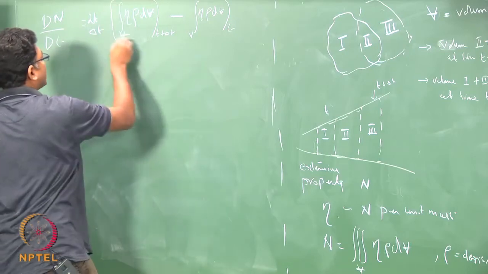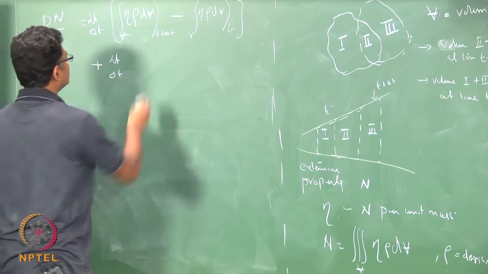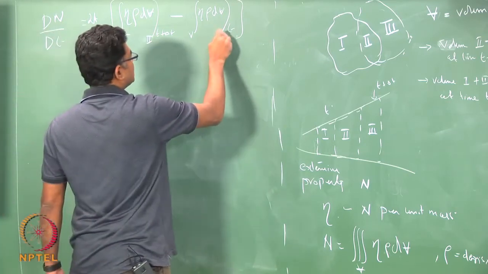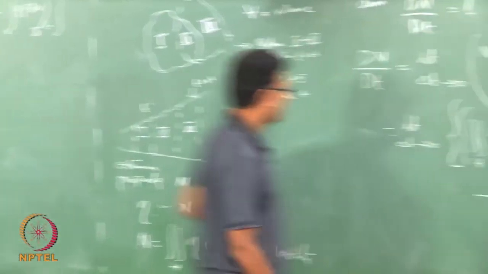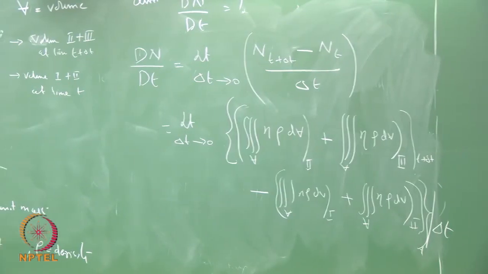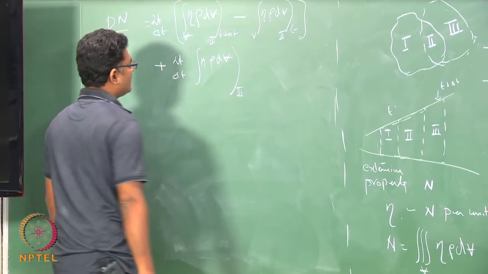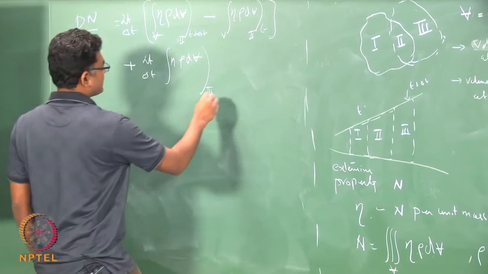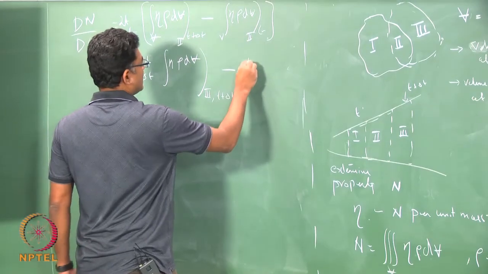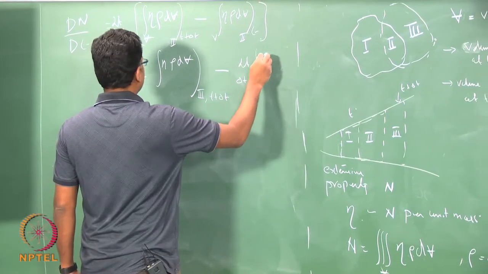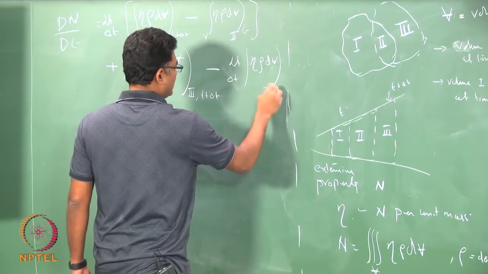These are triple integrals. Plus the limit delta t tending to 0, this is for region 2, this is for region 2, plus the region 3, integral eta rho dV at region 3 at time t plus delta t, minus the limit delta t tending to 0, integral eta rho dV for region 1 at time t.